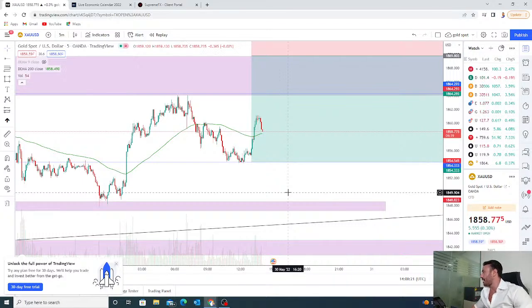Okay, 6 p.m. has struck. You can see a bit of a faster movement.